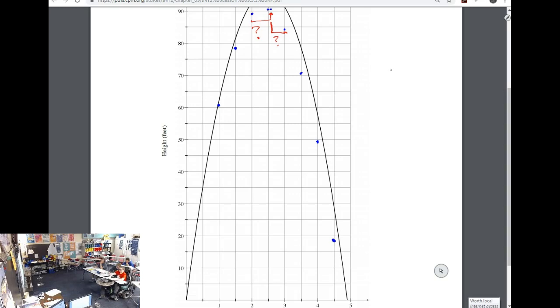Maybe that's not really the maximum height. No, remember we said trust the math. We must. Think about that. Why would this not be perfectly symmetrical in its parabolic shape? Oh, wait, air friction. Because the 90 points.